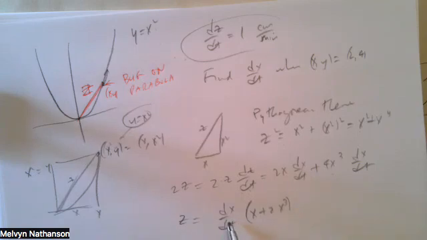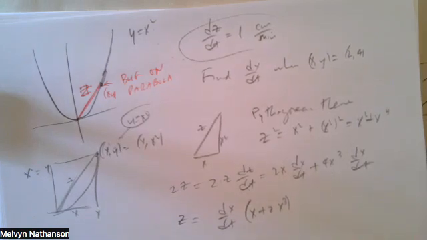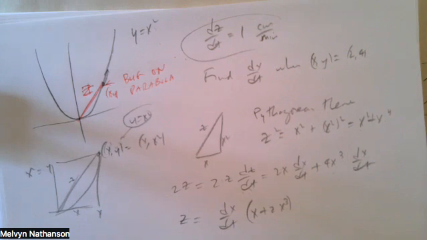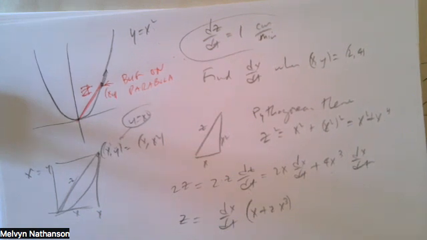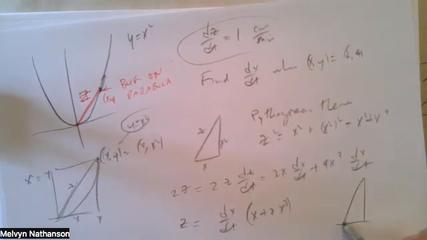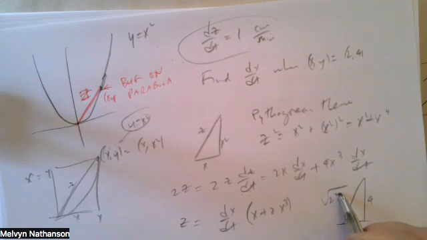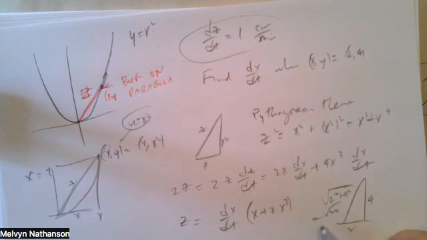So the rate at which the x-coordinate of the bug is changing is equal to z over x plus 2x cubed. And when x is 2 and y is 4, z is the square root of 2 squared plus 4 squared, which is the square root of 20, which is 2 root 5.